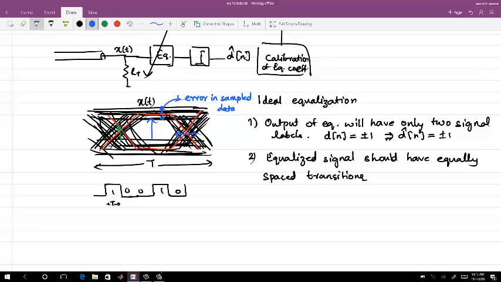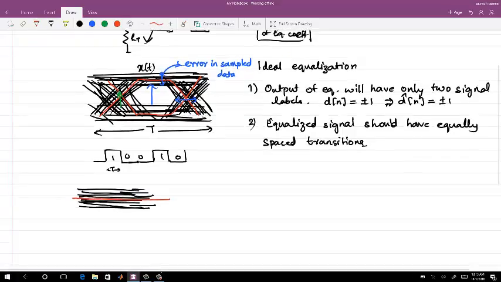So let's look at both of them. The first one is that you have many different sample values if you observe at the center. But right now just consider that you are sampling the exact value. There are many such output levels, but once the system is very much equalized, it should be only one single level, because that is what was ideally transmitted.